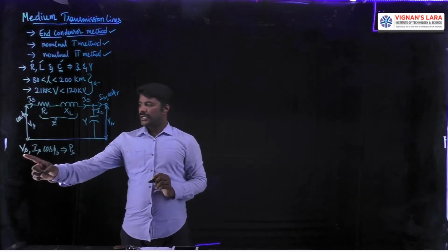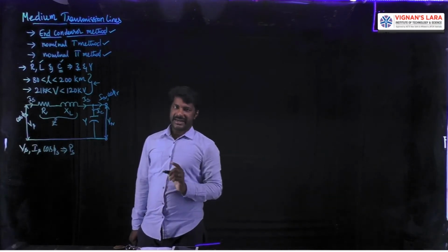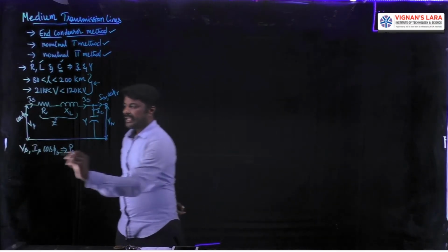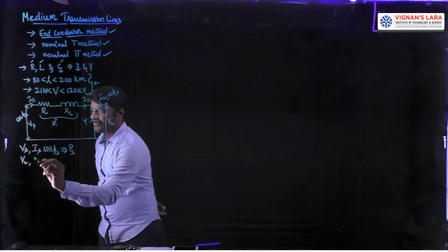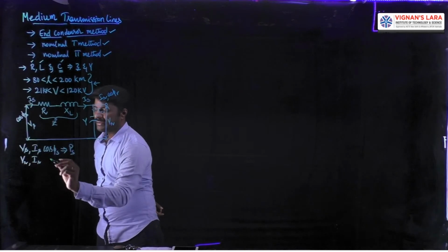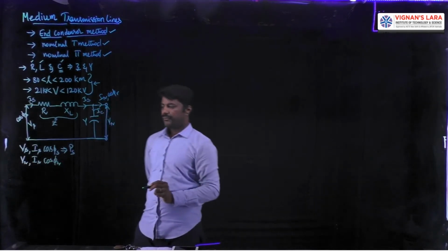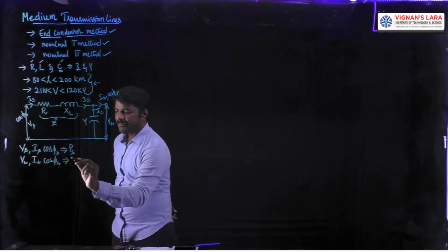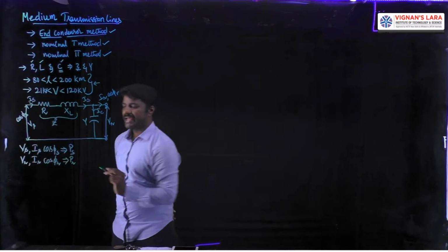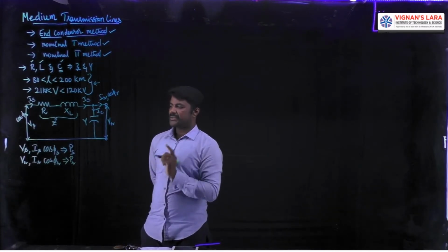So that is 4 quantities on the sending end side, whereas the next 4 quantities on the receiving end side are Vr, Ir, cos phi r, and Vr, Ir, cos phi r gives rise to the delivered power on the receiving end side as Pr, which is equal to Vr Ir cos phi r.